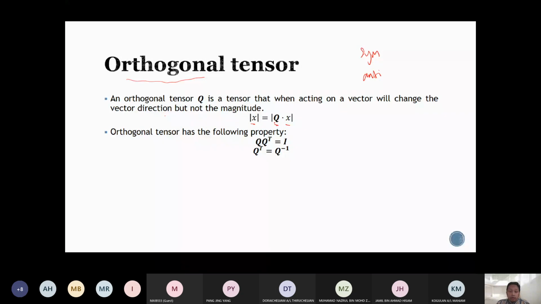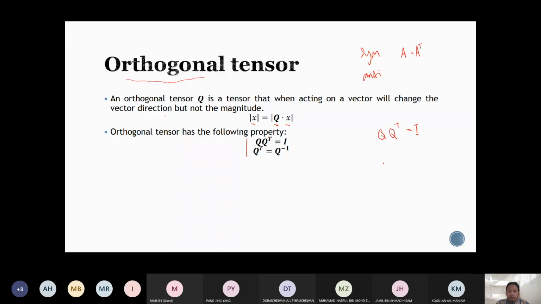So the properties of orthogonal tensor is that if you have q times its transpose, so q times q transpose, you get the identity matrix. So just now symmetric matrix, if you have A, then it equals to A transpose. But now for orthogonal matrix, you have q times q transpose equals identity matrix.